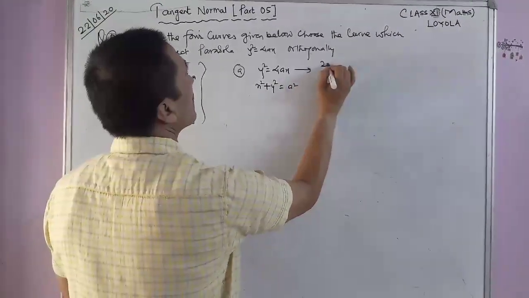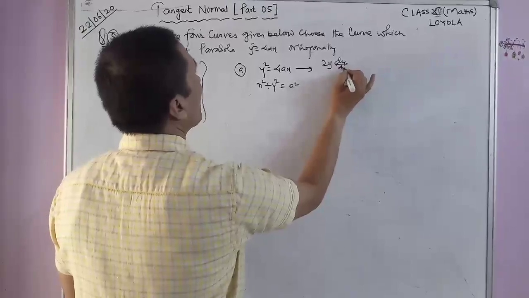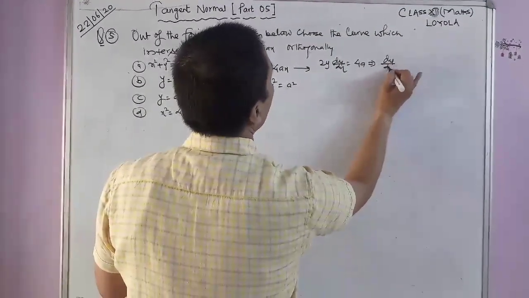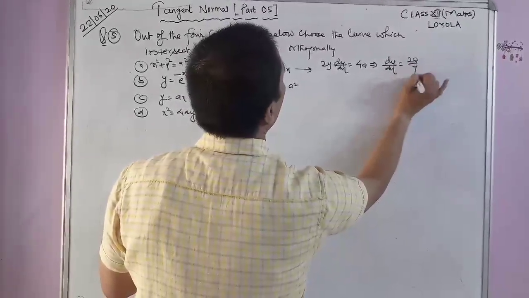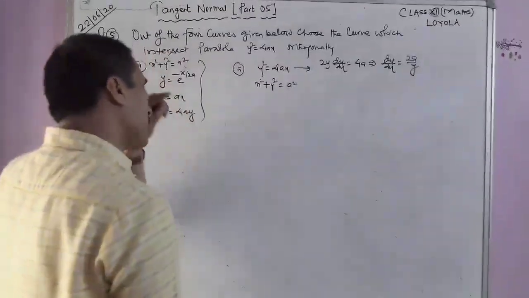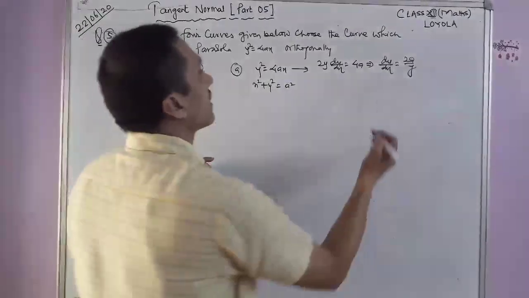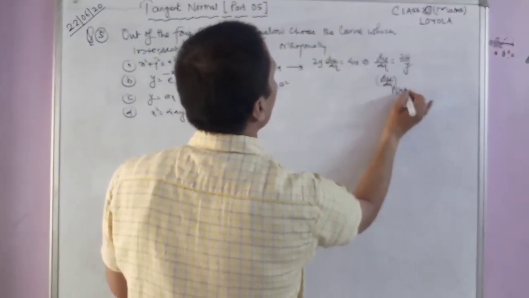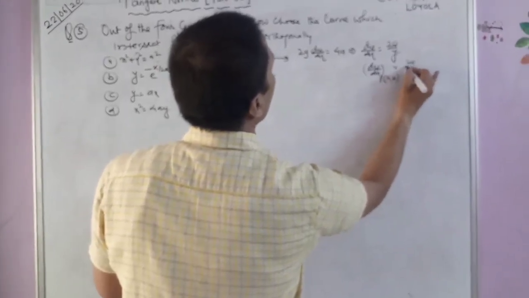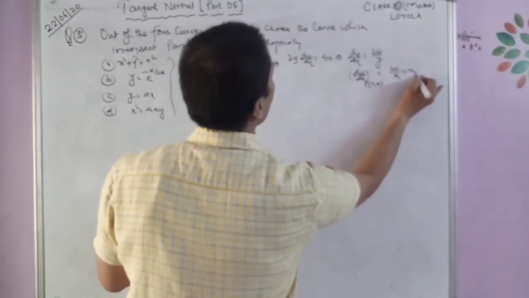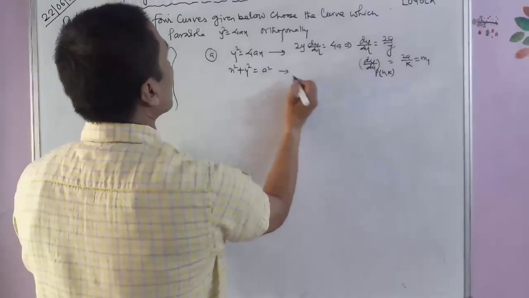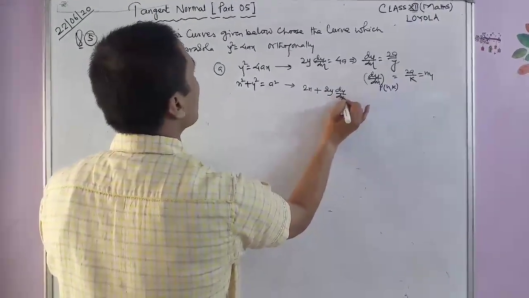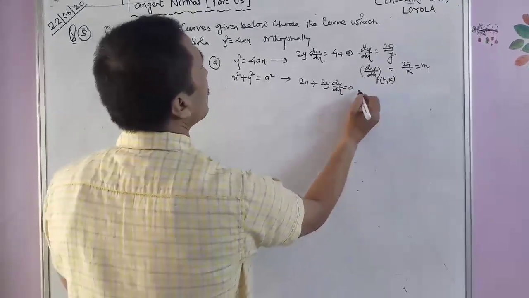For this curve 2y dy by dx equal to 4a, this implies dy by dx equal to 2a upon y. If point of intersection be hk, so dy by dx at point P hk equal to 2a upon k, say it M1. For this curve 2x plus 2y dy by dx equal to 0.